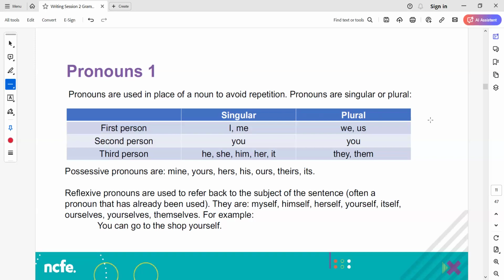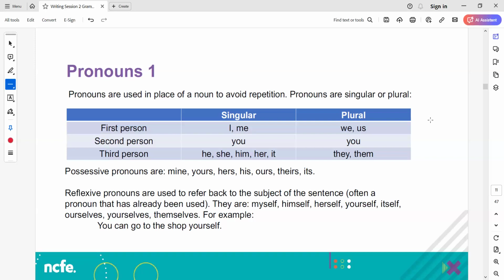Yeah, you can go to the shop yourself. Is it good grammar? Yep, that's fine. It would depend on the context, really. If someone asked, "Can you come to the shop with me?" you say, "No, you can go to the shop yourself." Not "by yourself."